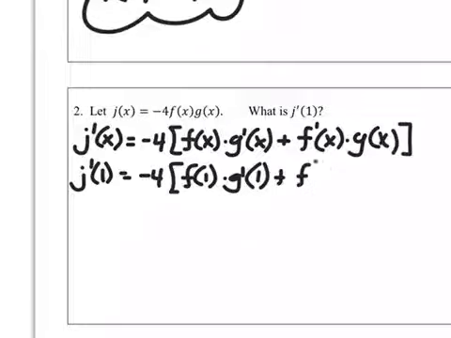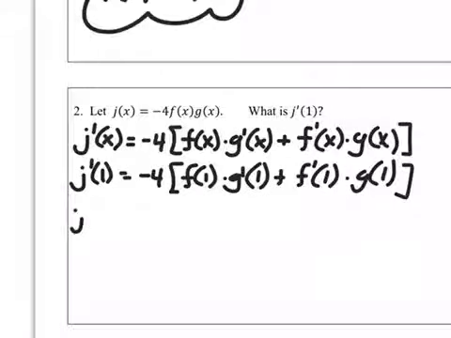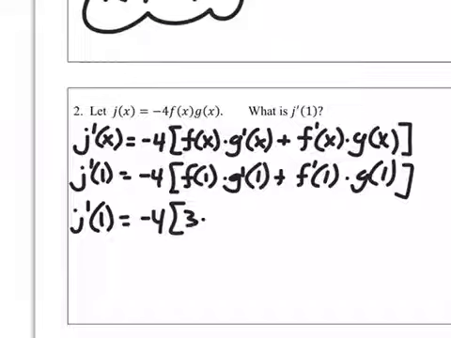I'll simplify here in a moment. So j prime of 1 equals -4 times the quantity f of 1 is 3, g prime of 1 is 6, f prime of 1 is -3, and g of 1 is 2.